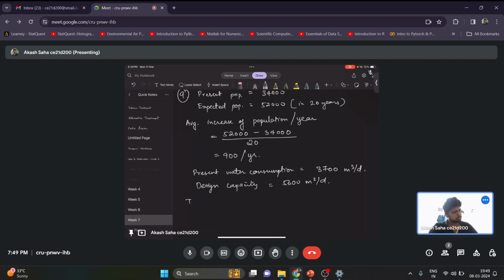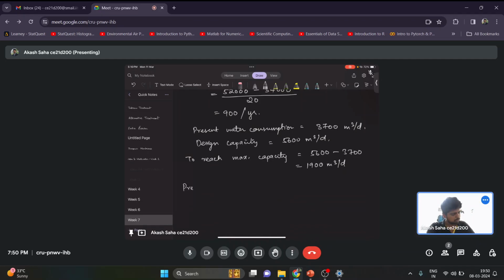So to reach max capacity, it will be around 5600 minus 3700. So that is around 1900 meter cube per day. So 1900 meter cube per day of more water consumption can increase. Okay, so this is the difference.